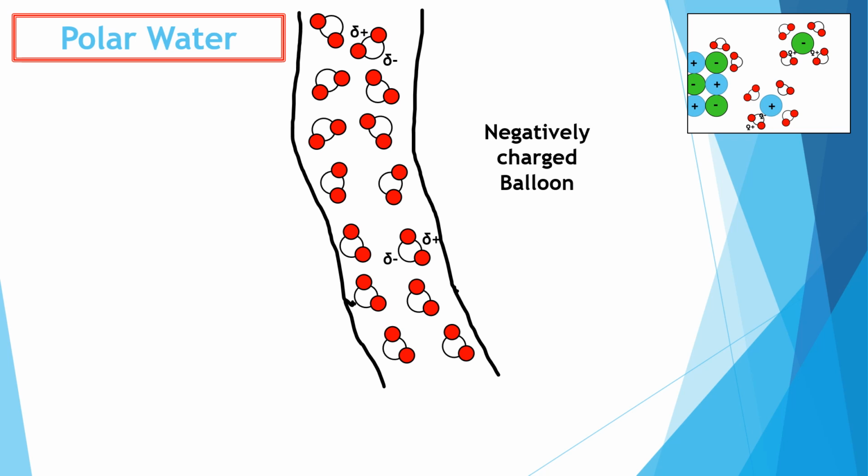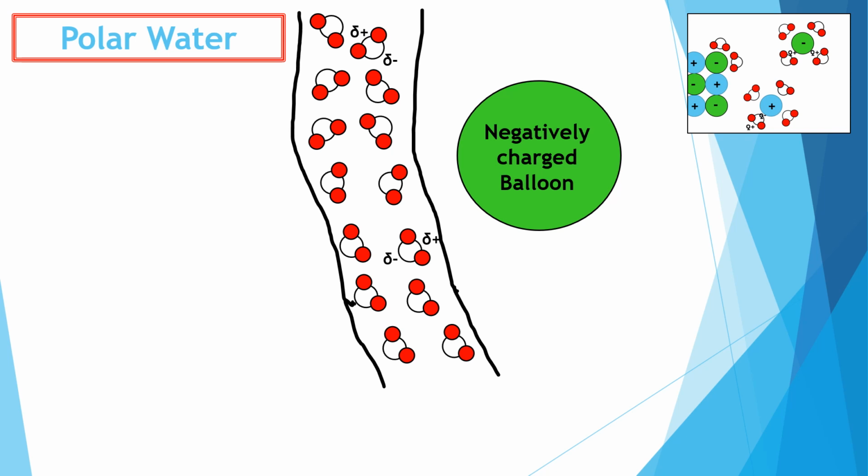Now, if you have turned a tap on and you've got a stream of water falling straight down, it's interesting that this stream will veer towards a negatively charged balloon, a balloon that you've rubbed against a jersey, a jumper, or your hair. What actually happens is the water molecules in the stream will reorientate.